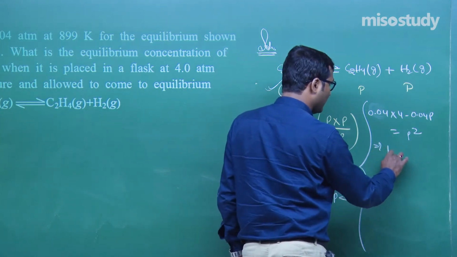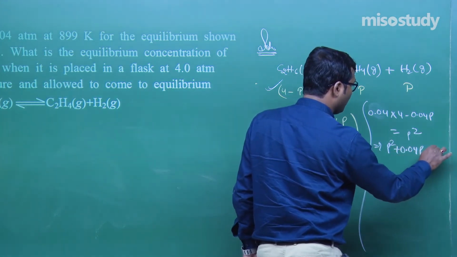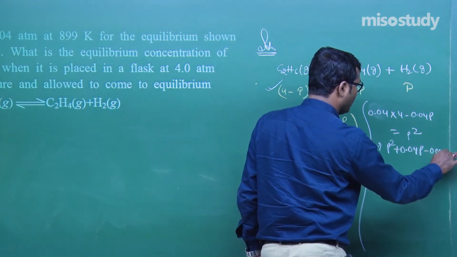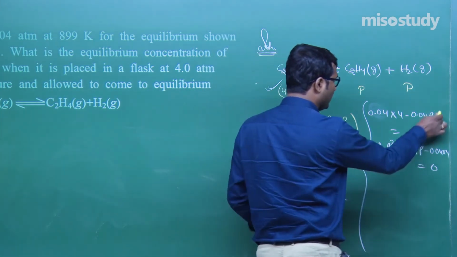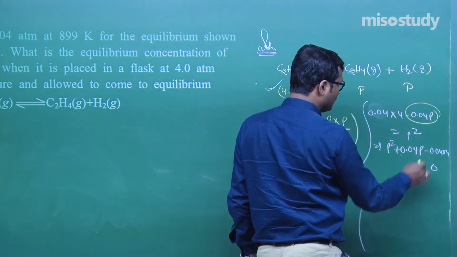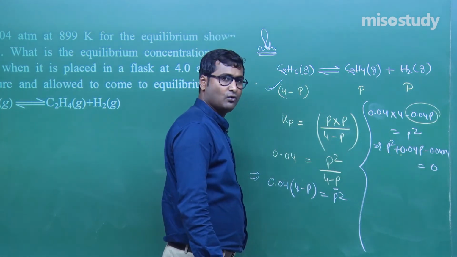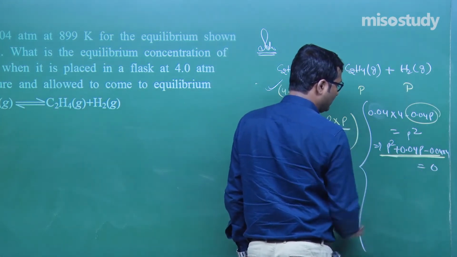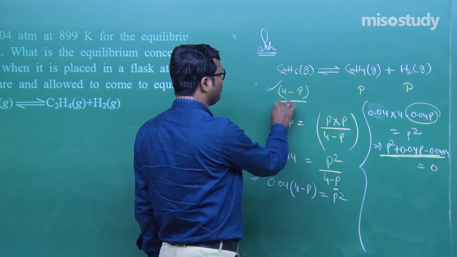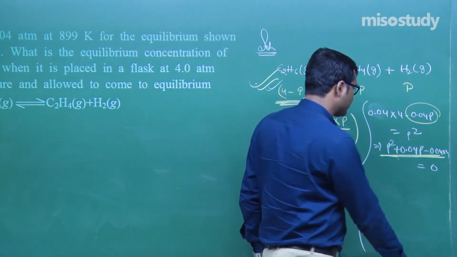Now the expression will be P square plus 0.04 P minus 0.04 into 4 is equal to 0. Now you can solve for the value of P, and when you put this value here you get the expression. Clear, my friend? Yes, definitely.